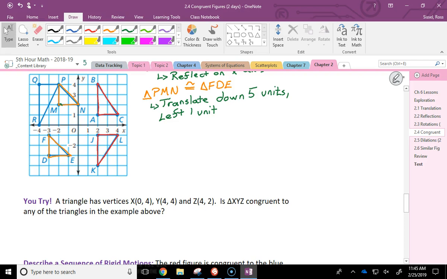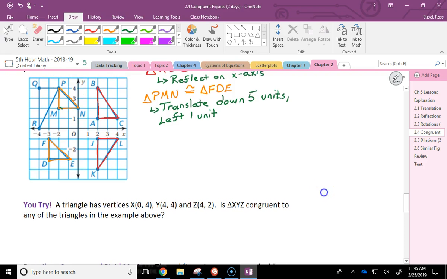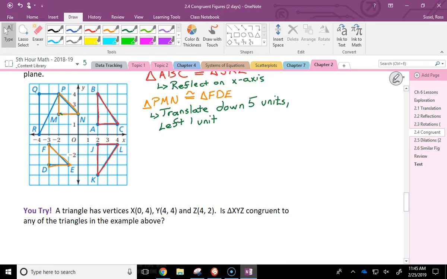It says triangle XYZ has vertices at, I'm going to mark these in here with purple, X at 0, 4, Y at 4, 4, Z at 4, 2, and I want to know, does this triangle have any other triangle that it's congruent to?